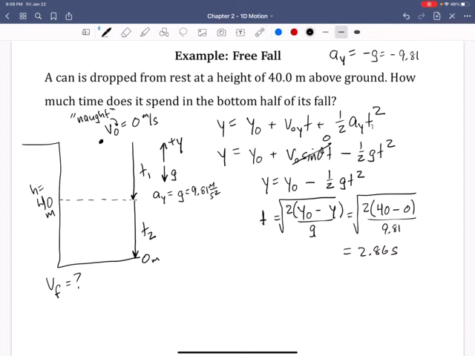So, well, can we use the same equation? Yeah. Let's do it. So y equals y naught plus v naught y of t. I'm going to go ahead and input the negative g, right? And again, v naught is 0, starts from rest. So it's pretty similar to what we just did, right? Except this time is actually time 1. So we can solve for time 1.